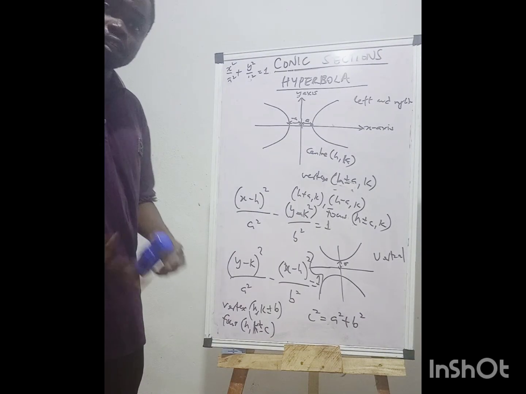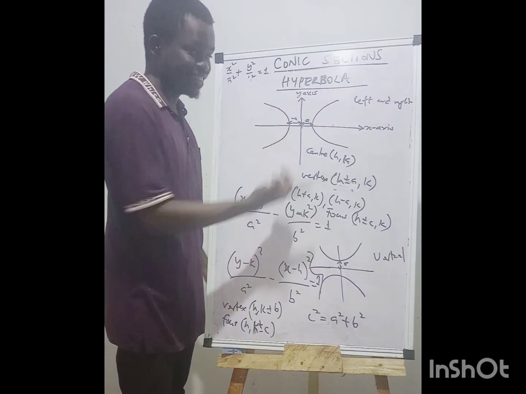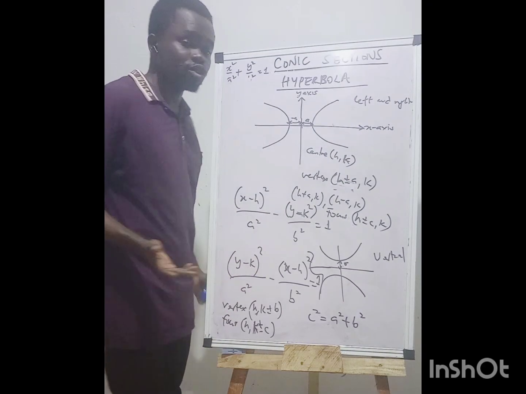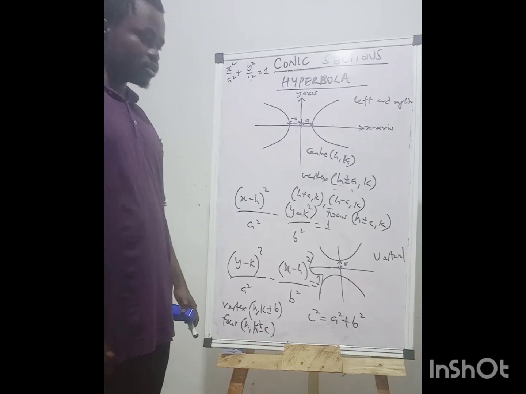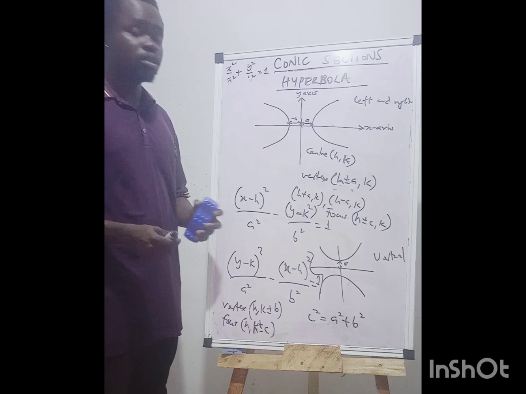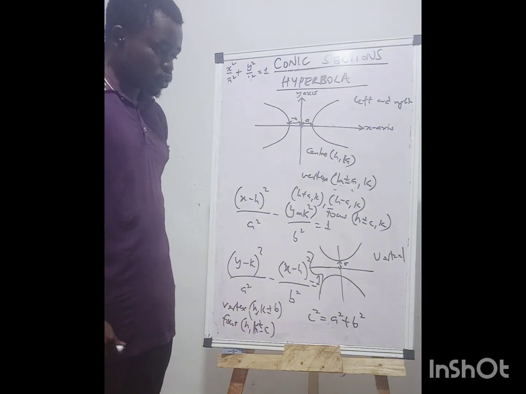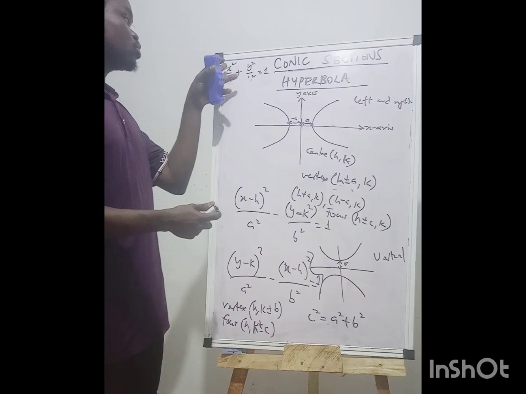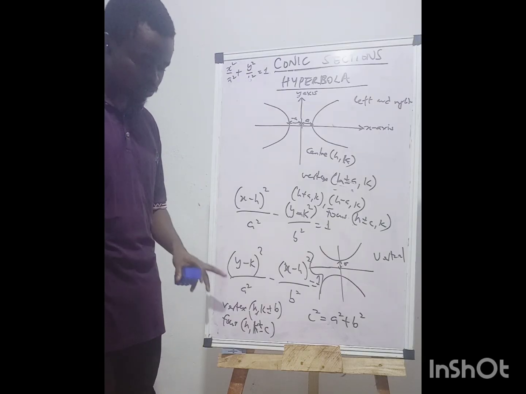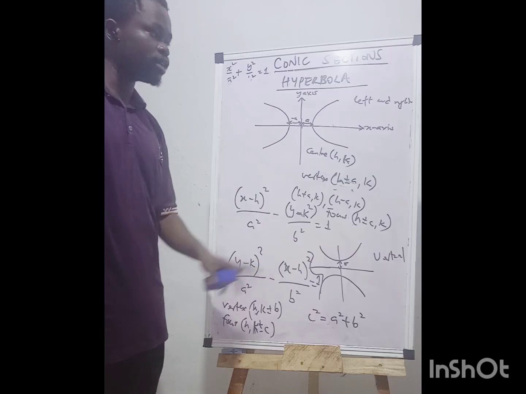So I said two vertices. This is one, this is another one. That's why I said it's two vertices. So that is the basis of it. Now, one thing you found out about the ellipse was that you saw the x squared, y squared, so we have four values. It's the same thing here: somehow we are ending up with four values.